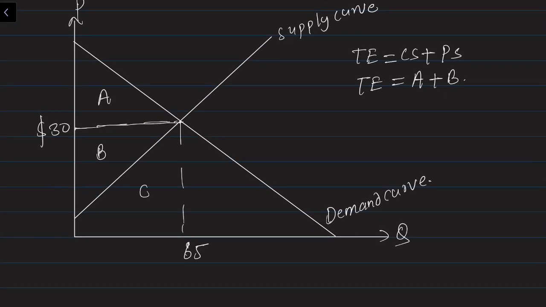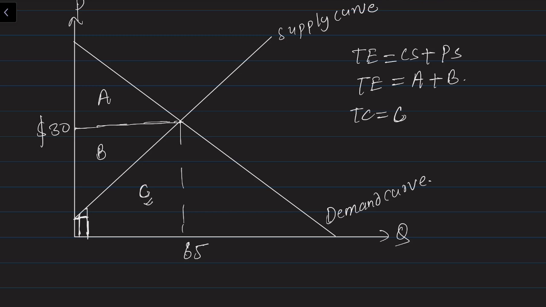So here you can see that when we find the area of all these very small rectangles, we get the sum of the marginal cost incurred by the producers. So this entire area, let's call it C, is the total cost of the market. So the total cost is the area of C.